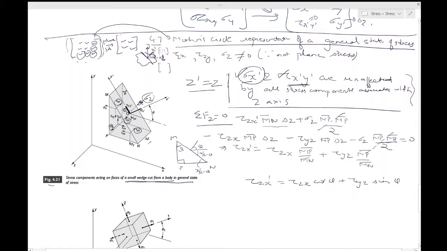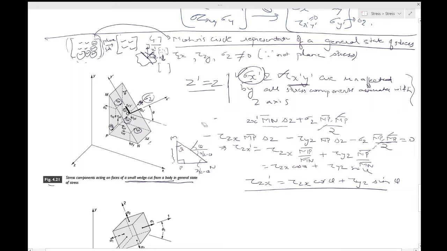Cos theta is equal to base by hypotenuse, so MP by MN. So this becomes tau zx cos theta plus tau yz, and NP by MN is sin theta. So we arrive at this equation, which is 4.30 in your textbook. What I'll do now is write this equation over here.